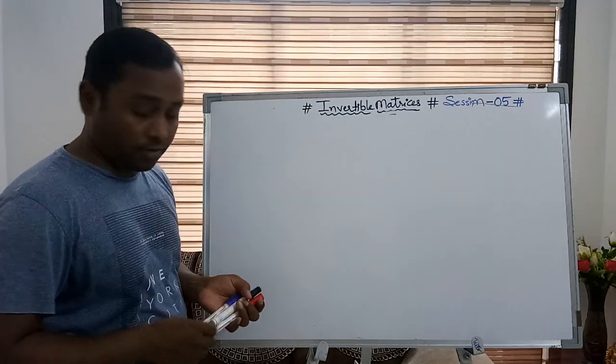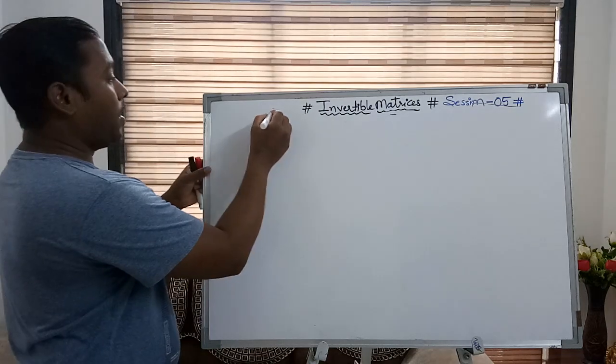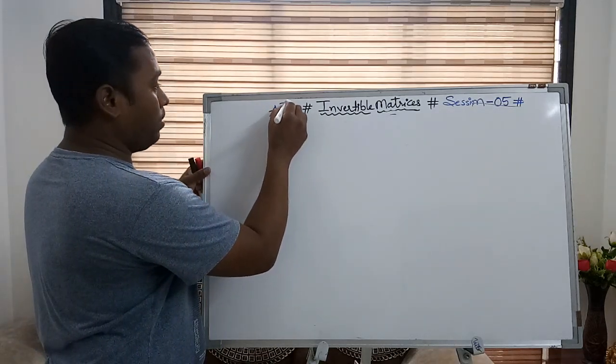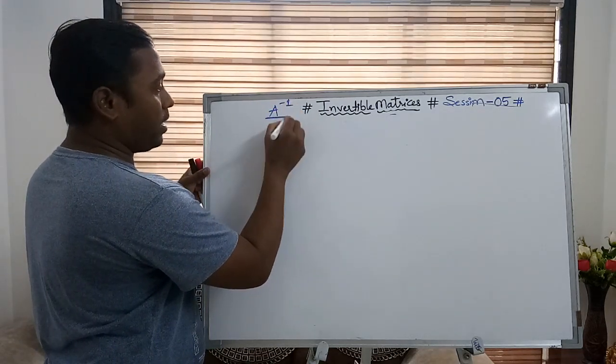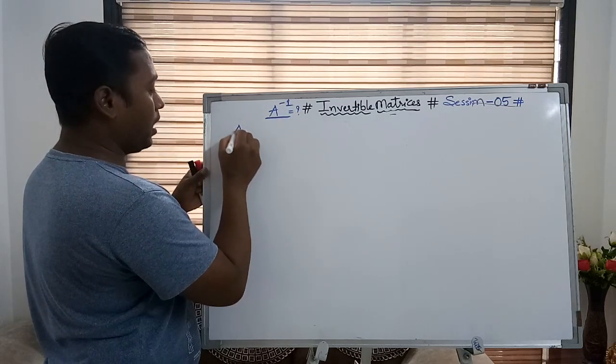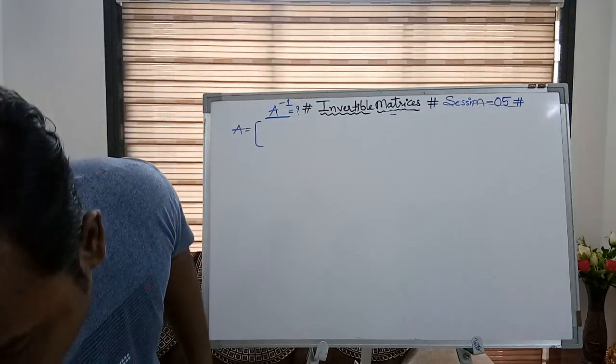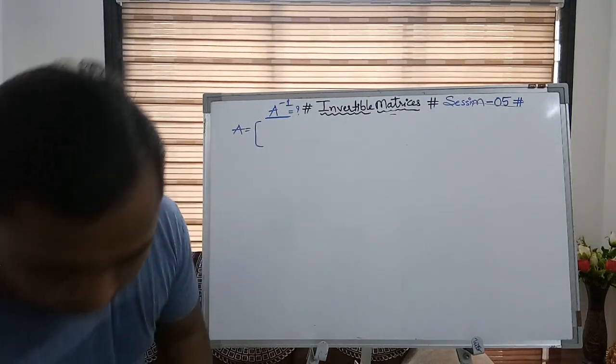Okay, so I am taking the first matrix here. Find the inverse of the matrix, that is A power minus 1. The matrix is given to us as 0, 1, 2, 1, 2, 3, 3, 1, 1.